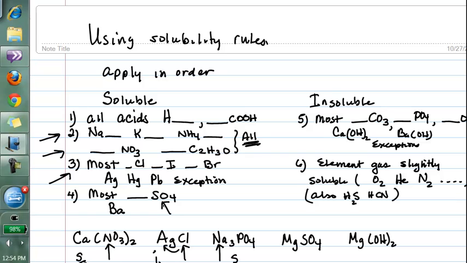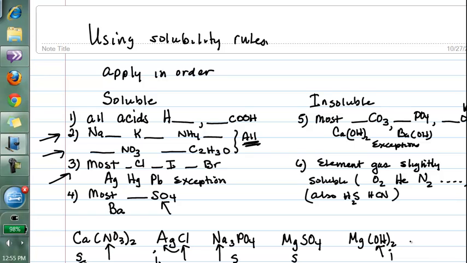It says most sulfates are soluble. Magnesium is not an exception. This compound is soluble. And the last one is magnesium hydroxide. Again, we don't see magnesium in the list, but we do see hydroxides. And hydroxides are insoluble. This is not an exception, and it's not in the previous rule. So this compound is insoluble.